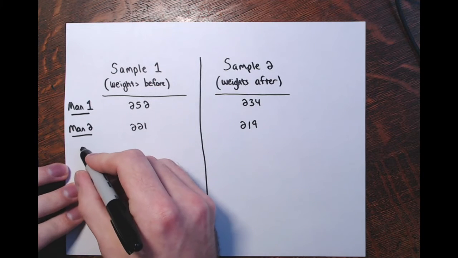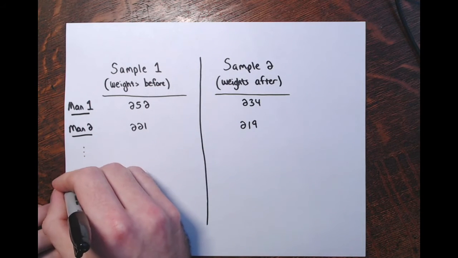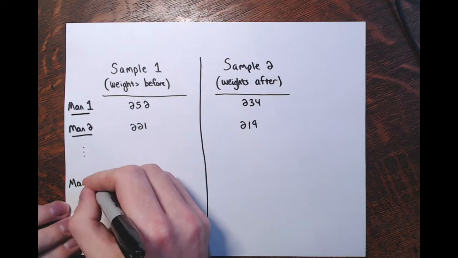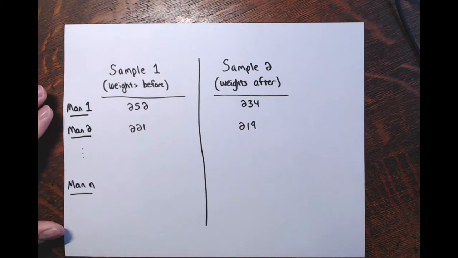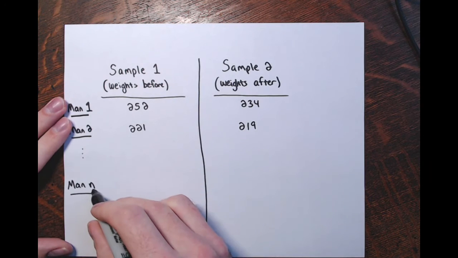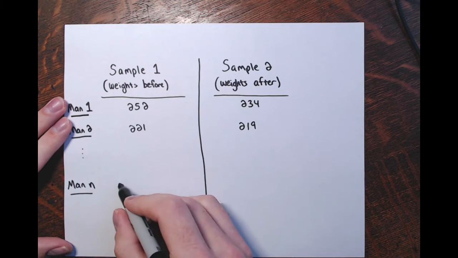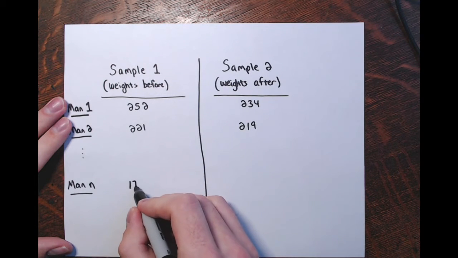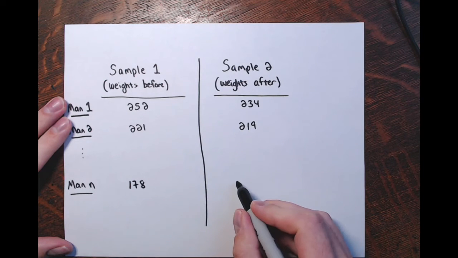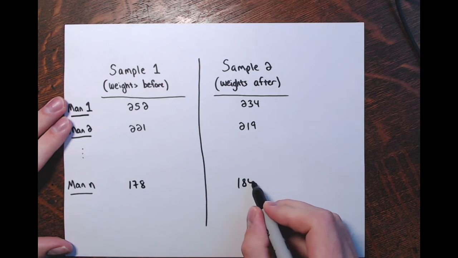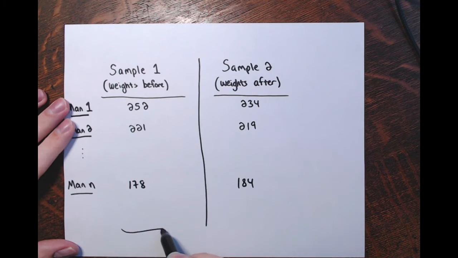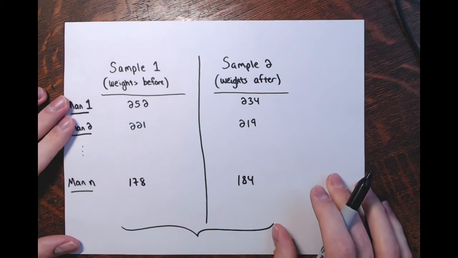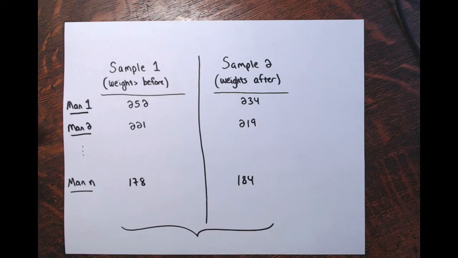Okay, and then this would happen to man N, 1 through N here, and say this nth person weighed 178 pounds before and 184 pounds after.